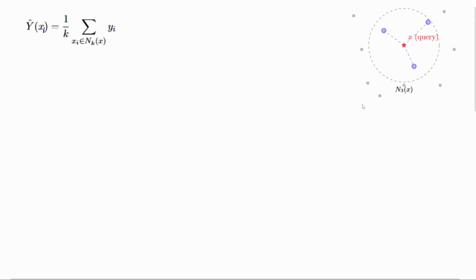Hopefully that makes sense, but if it doesn't, let's look at when k equals 3. Let's say these dots here are a training set, and we want to predict the house price of a new house in this location. All we do is find the houses that are surrounding this house, take a look at their values, average them, and then assign that value to the new house here.